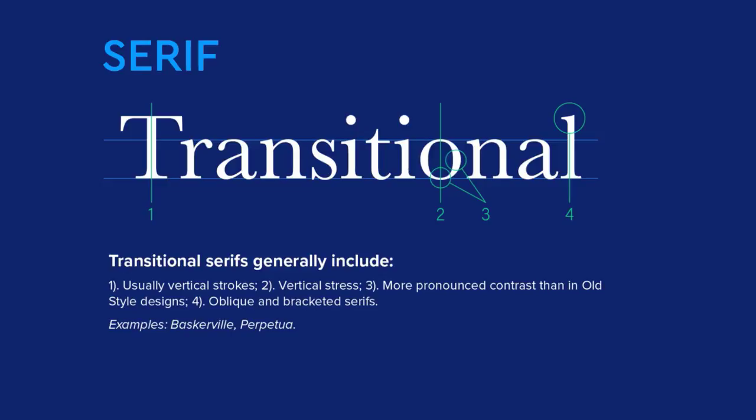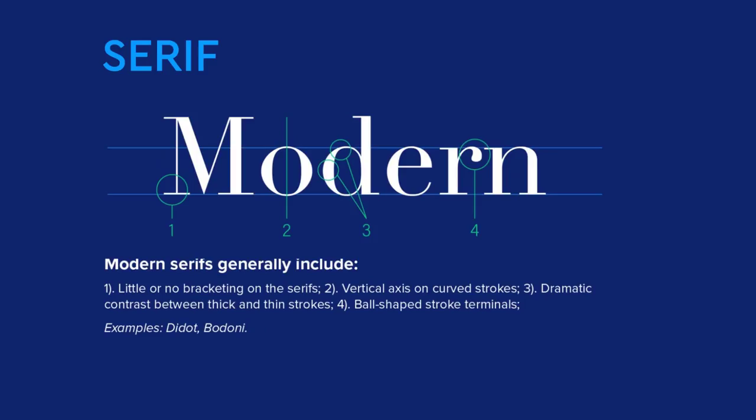There is oblique and bracketed serif, just like you can see in number four. Examples of these are Baskerville and Perpetua.